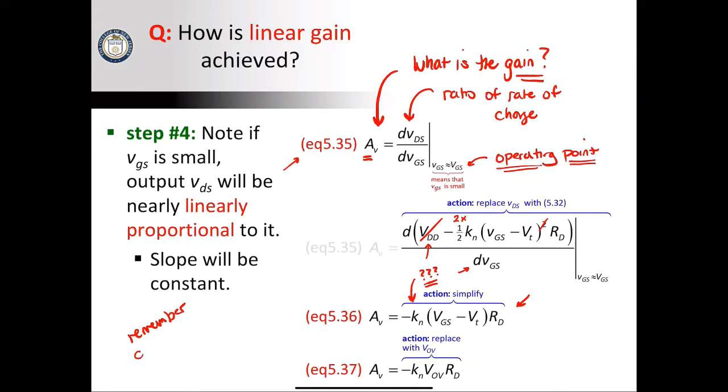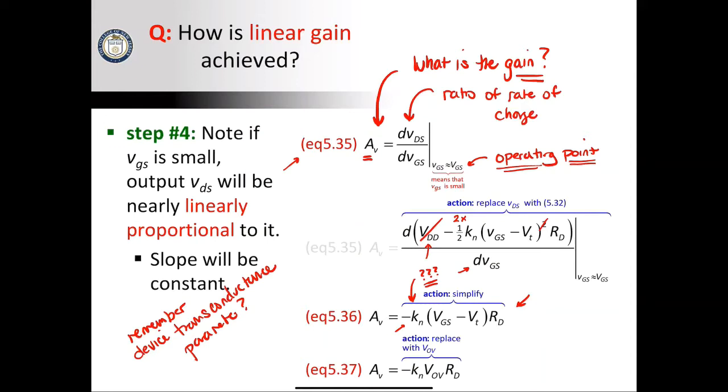So this is the device parameter. And the way to remember, again, you have the process transconductance parameter and the device transconductance parameter. The device is more specific to that device, and it includes the aspect ratio in it. That's the one without the prime. So this is the device transconductance parameter.